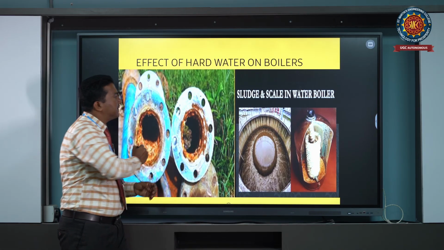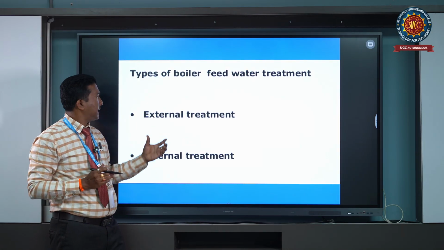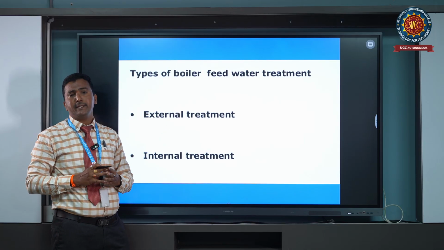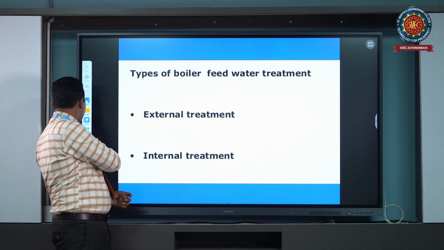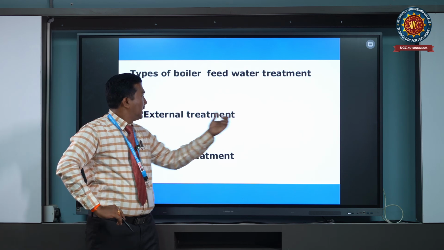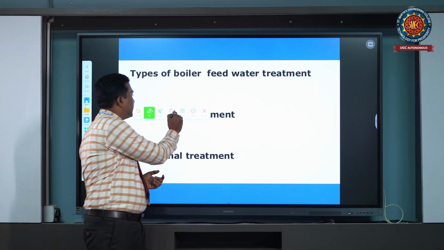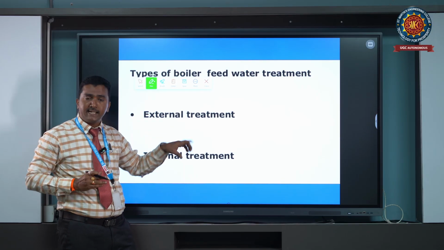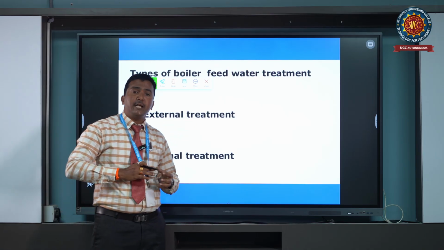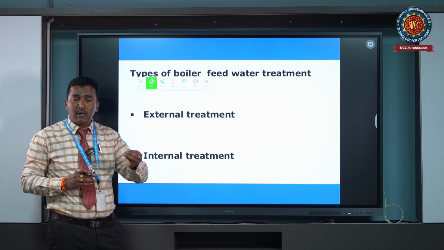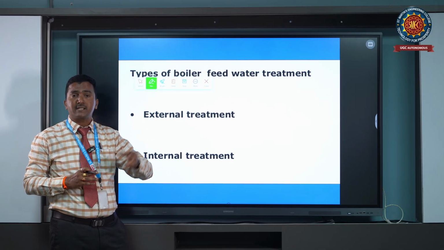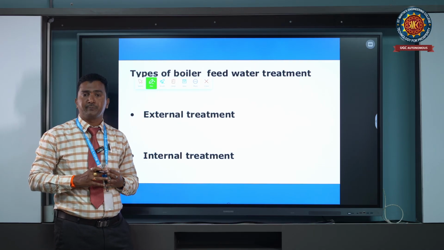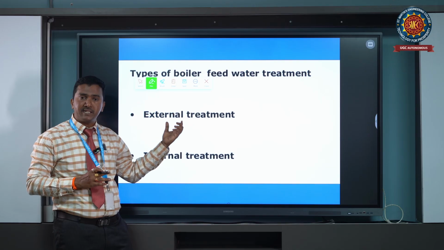So how do we remove them? There are two methods: external treatment methods and internal treatment methods. The external treatment goes on outside the boilers, and the internal treatment inside the boilers. In external treatment, we either remove the total hardness causing salts, or convert them into dissolved salts or soft salts, by a process implemented outside the boiler.